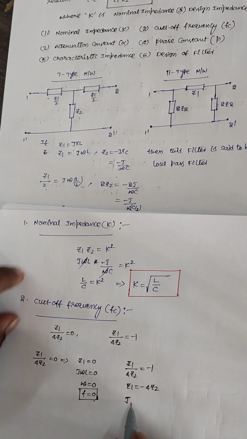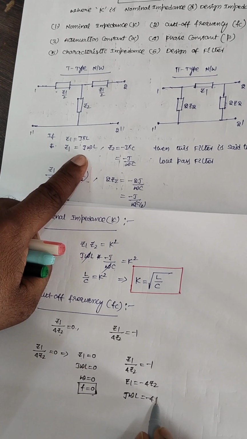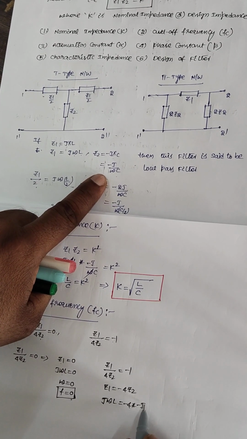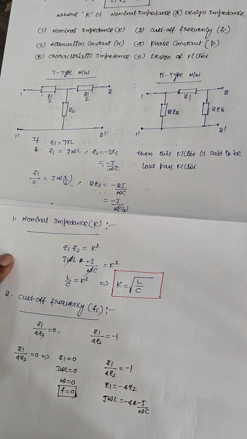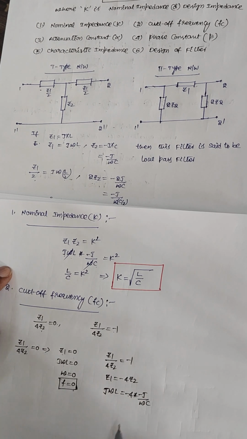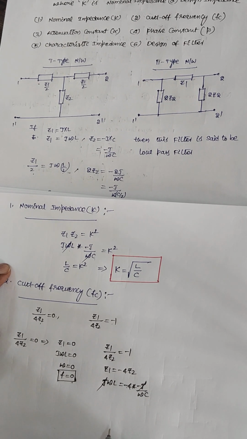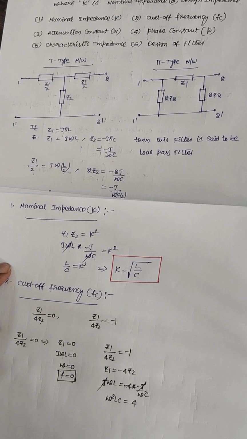J omega L. That is equal to minus 4 into Z2, and Z2 here is minus J divided by omega C. Now this minus and minus will get cancelled, and this J will get cancelled. So minus 1 into minus 1 is plus 1. If I cross multiply it, omega square LC is equal to 4.